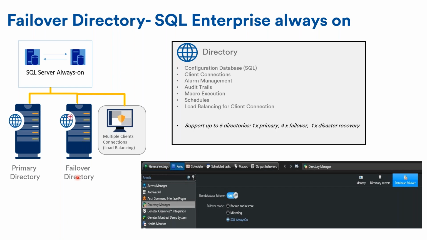It's a separate SQL environment, so it can basically take over as soon as your primary directory server is offline. This provides a very robust solution, allowing a user to continue to utilize the Genetec Security Center platform, even when the primary directory server has gone offline.